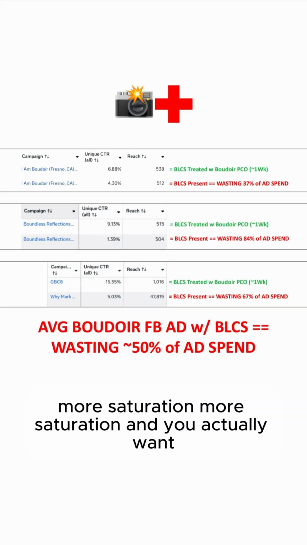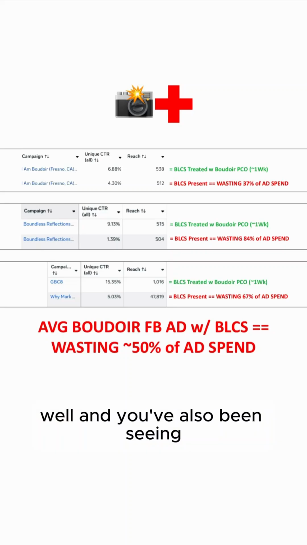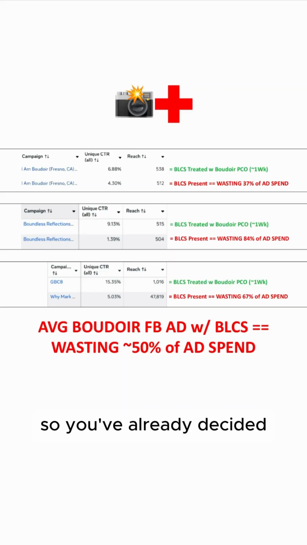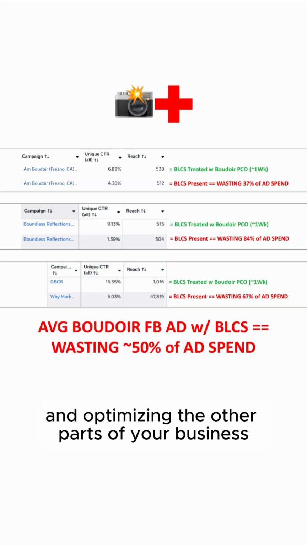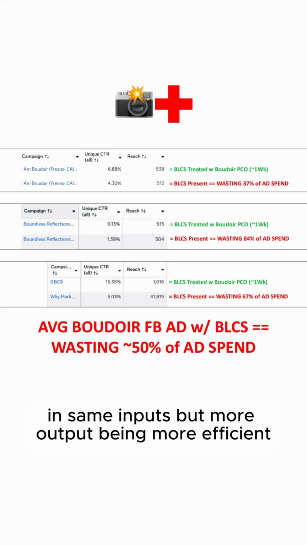And you've also been seeing inflation and cost of living rising. So you've already decided you're taking profits and optimizing the other parts of your business. So you're getting more output for the same inputs, being more efficient.